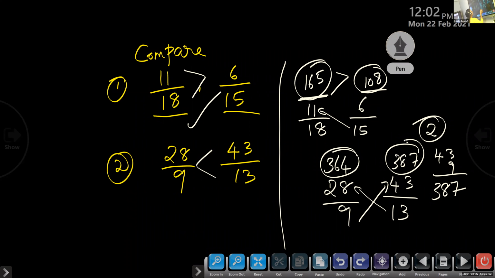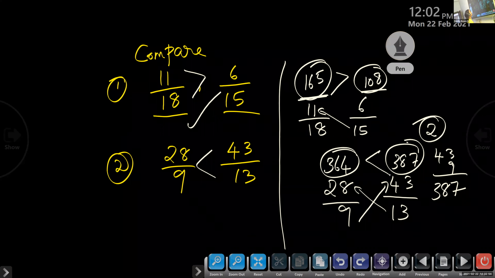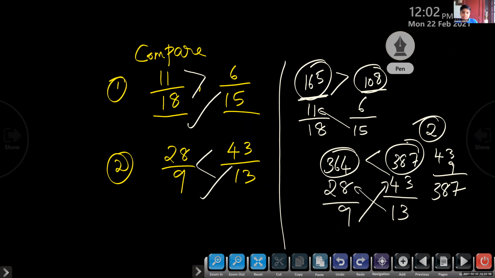So children, this is bigger, so that also is correct. So question number 1, 11 by 18 is greater than 6 by 15. The second one, 43 by 13 is greater.